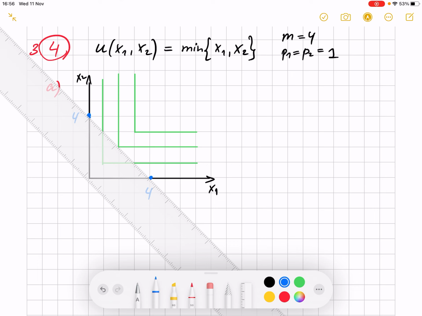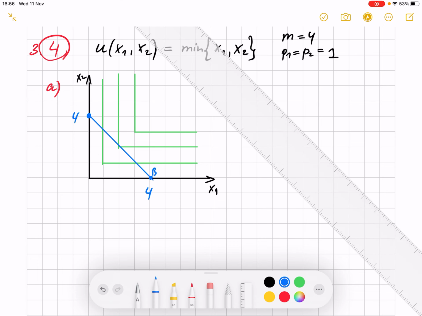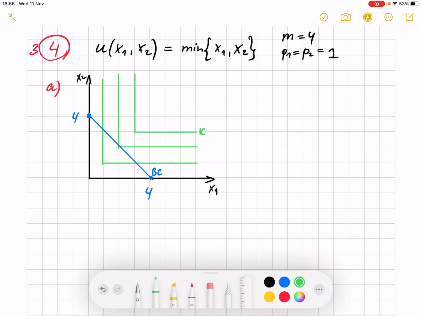And then we just draw a straight line. So that's our budget constraint. And here we have indifference curves. So already graphically we can see what the optimal choice is going to be. That will be where the individual consumes 2 units of good x1 and 2 units of good x2.